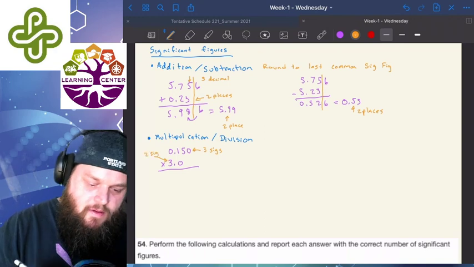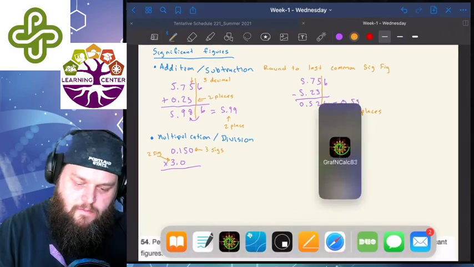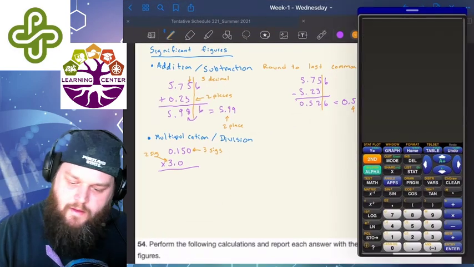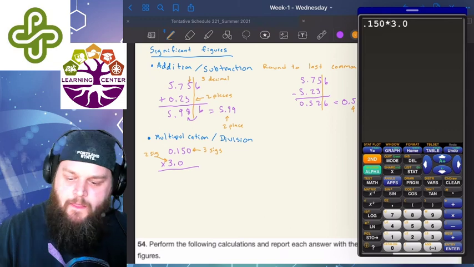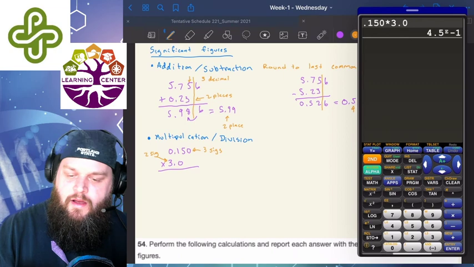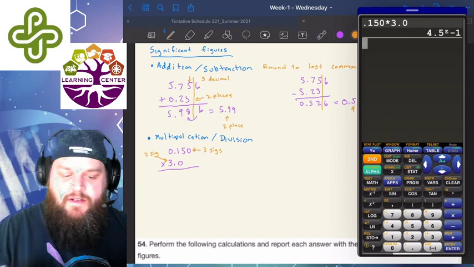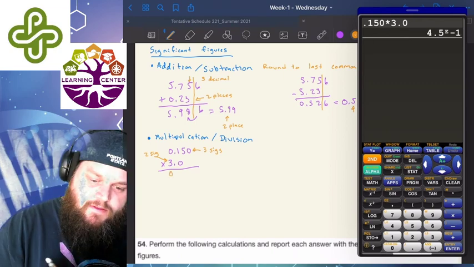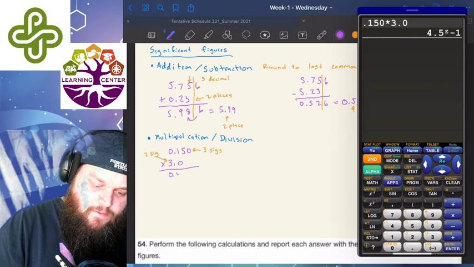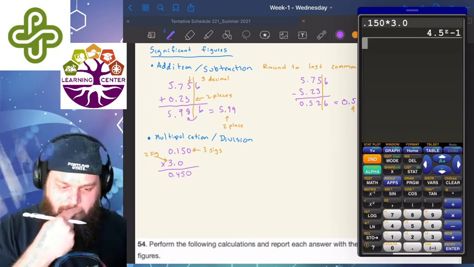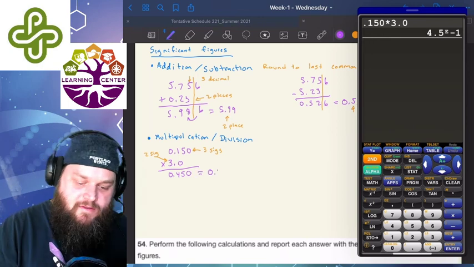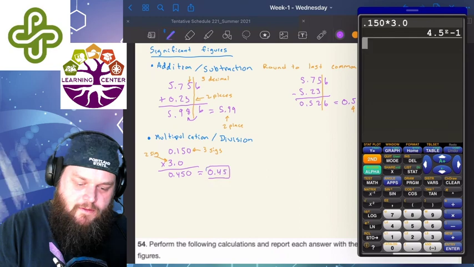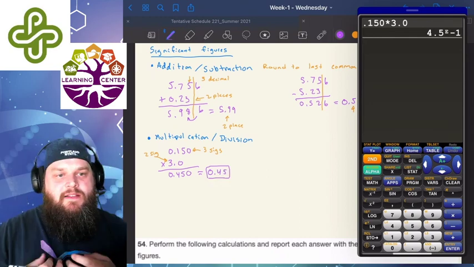So when I do my multiplication, I do 0.150 times 3.0. That's going to equal 0.45, say 0.450. And we really want to round it to 2 sig figs. So really, my final answer is going to be 0.45, because I want it to be equal to the number that had the least amount of sig figs.